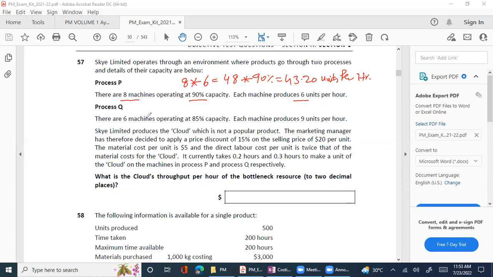And if we go for the process Q, 6 machines are there, 9 units, 54, but it is operating at 85%. So how many units per hour is this machine producing?